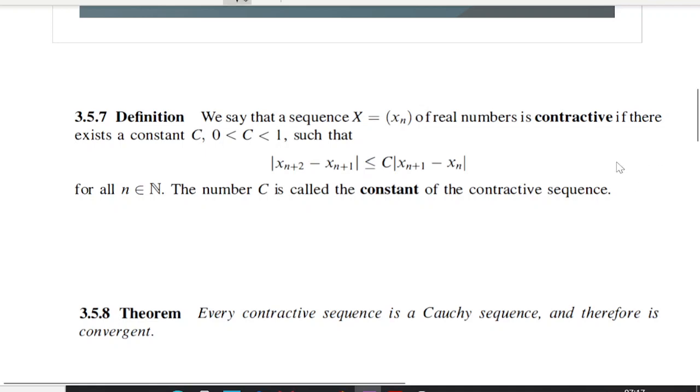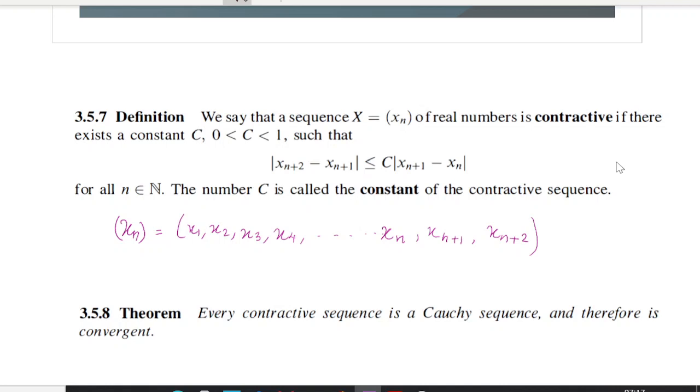That means, suppose you have a sequence xn equal to x1, x2, x3, x4, etc. I am finding one number xn, the next number xn plus 1, the next number xn plus 2.